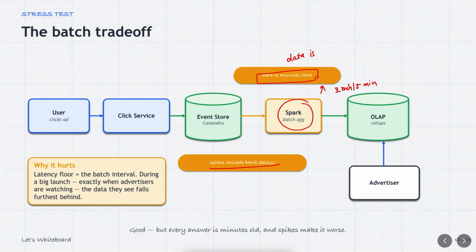Another problem that happens if some sort of traffic spike happens, then it delays the time in which a Spark job runs. One Spark job would take more time, and then it would take more time in processing the upcoming batches, and eventually the data would become more stale. So that is one problem if we use Spark.